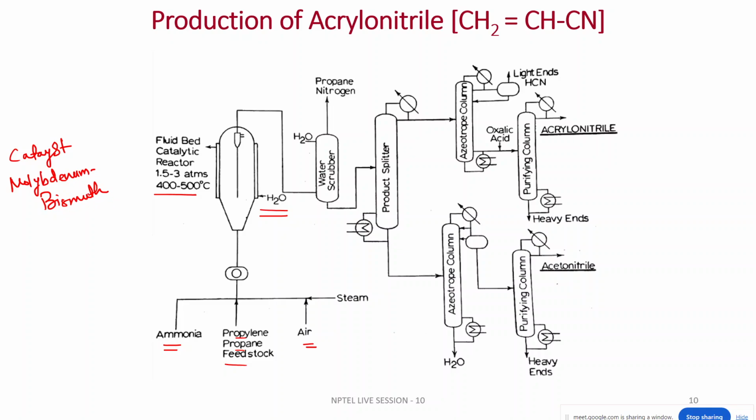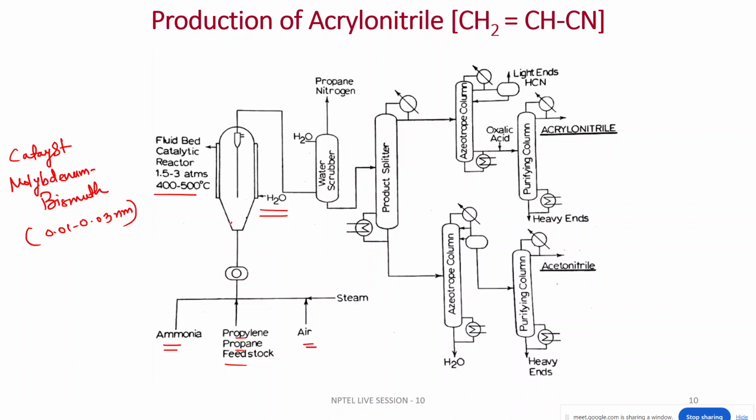This material is used as a catalyst, which is moreover a spherical porous catalyst of size 0.01 to 0.03 nanometer. So here we can see that there are three reactants and a solid catalyst surface. These four ingredients are very necessary for high selectivity to produce the acrylonitrile as a major product.